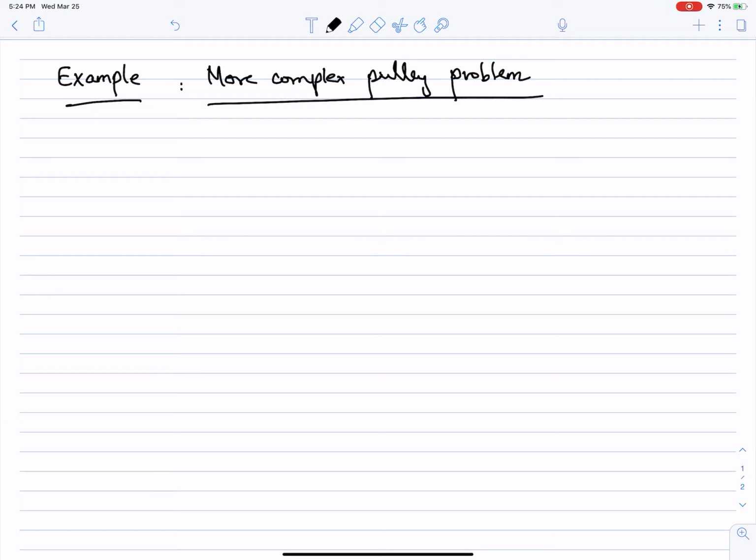Here's a more complex pulley problem. Imagine that we have an inclined plane like so, and something sticking out here, and a pulley here.